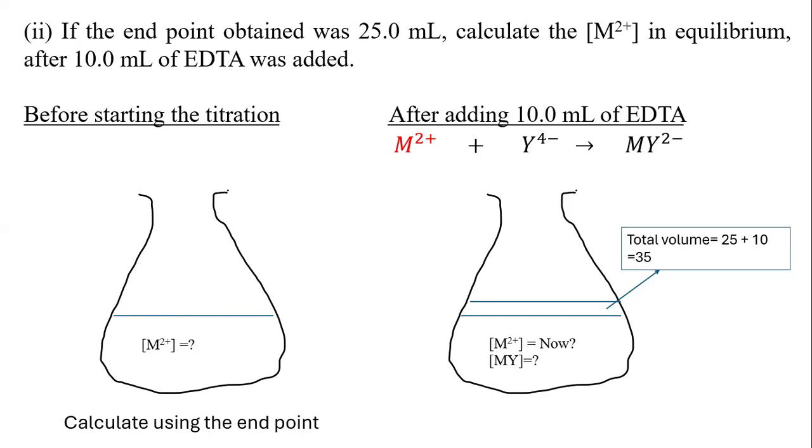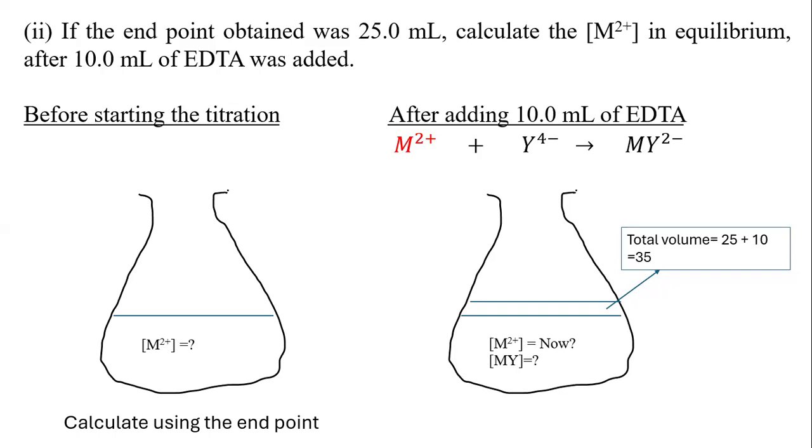So the titration curve is between pM on the y-axis and the amount of solution that you have added from the burette on the x-axis. Okay, right. So the stoichiometry, irrespective of the valency of the metal ion, whether it is 1 plus, 2 plus, 3 plus, is all the time 1:1.